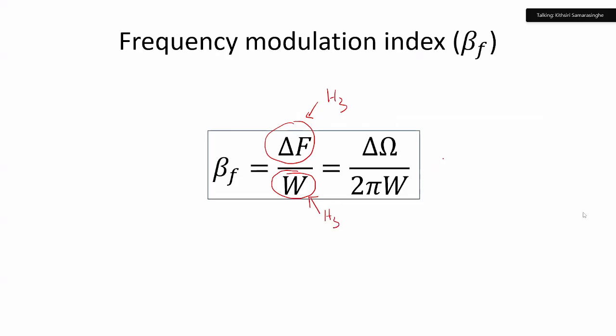So beta is unitless. Peak frequency deviation after modulation divided by the frequency band occupied by your information signal before modulation. That's the definition. Okay?